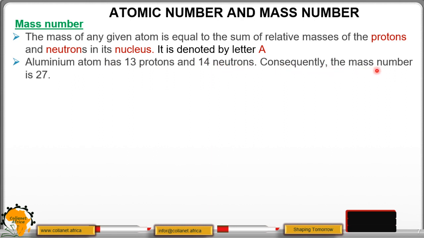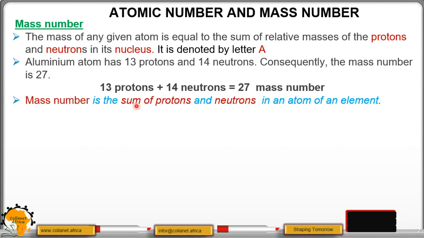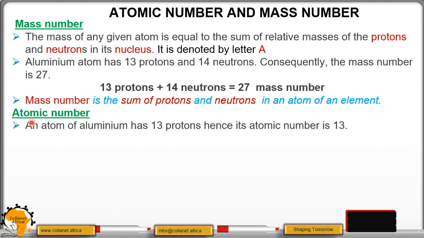Consequently, the mass number is 27. How is it computed? 13 protons plus 14 neutrons, you get 27 as the mass number. The mass number is the sum of protons and neutrons in an atom of an element. Get that.